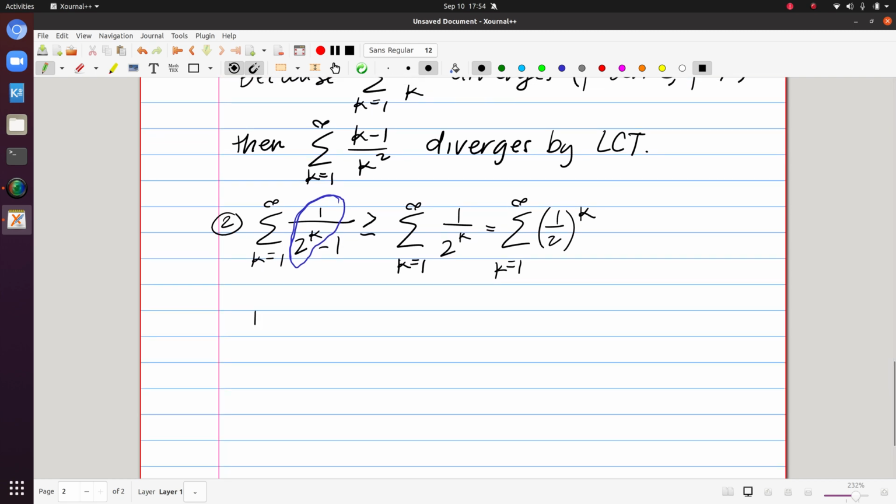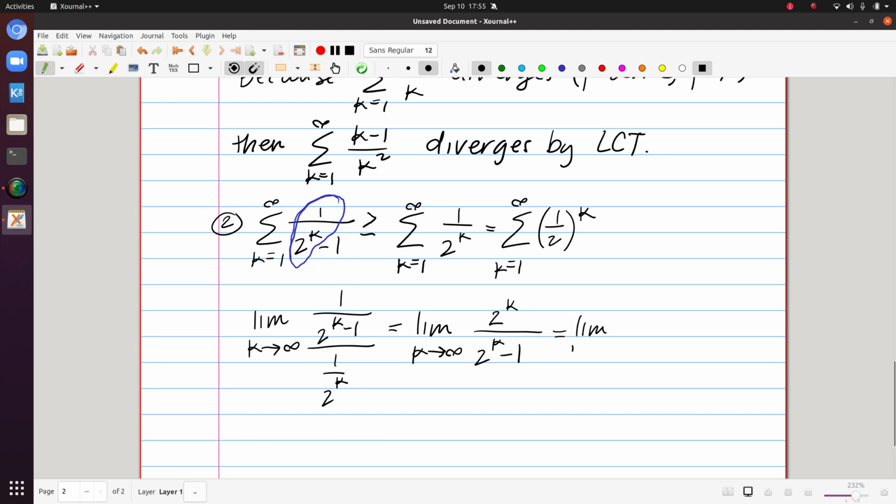I'm going to take the limit of one of these terms divided by the other. Again, it does not matter which goes where. And I can write this as multiplying by instead 2 to the k. And this gives me 2 to the k over 2 to the k minus 1. This limit is the same as 1 over 1 minus 1 over 2 to the k.